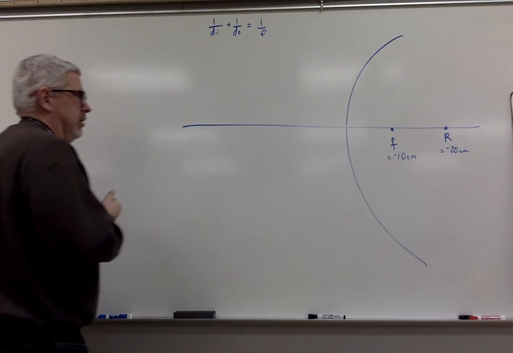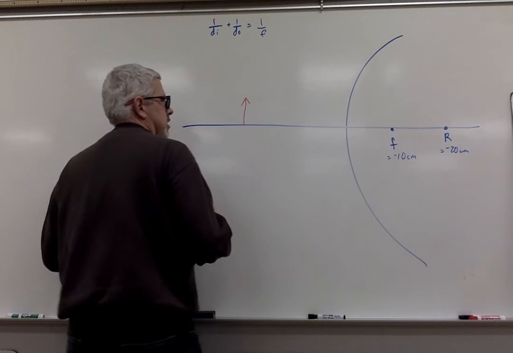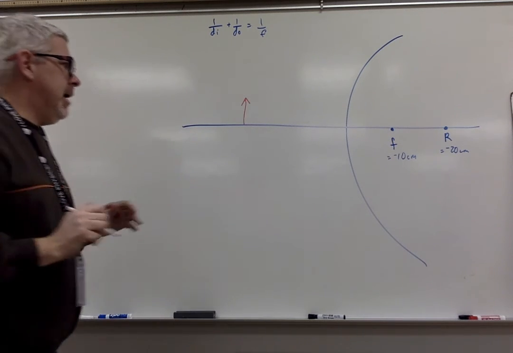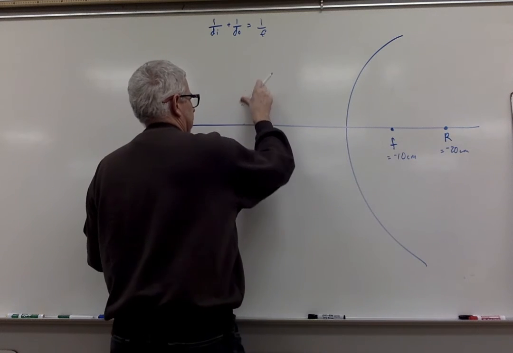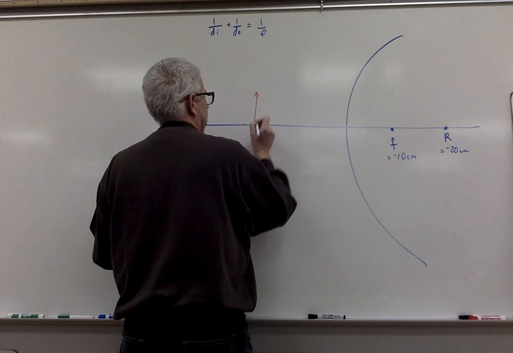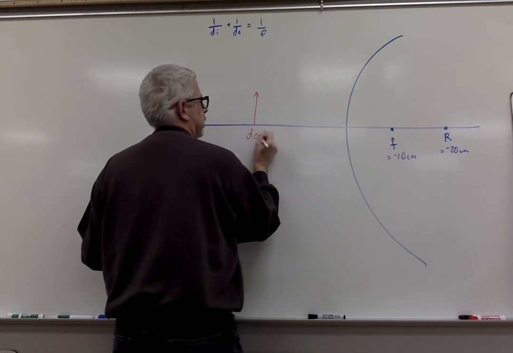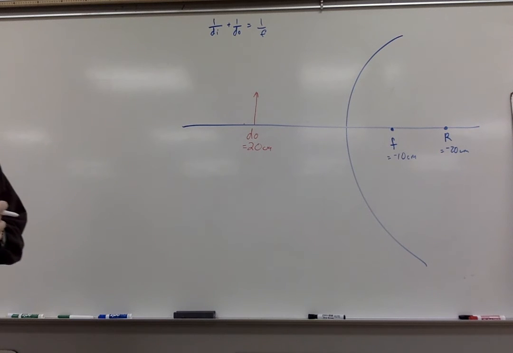Now let's say I'm over here and I've got an object, something like that. I don't know how far that is. Let's say that that object distance is also 20 centimeters.